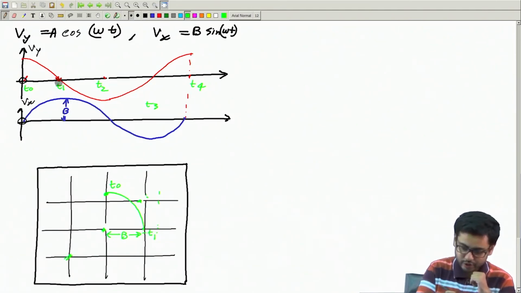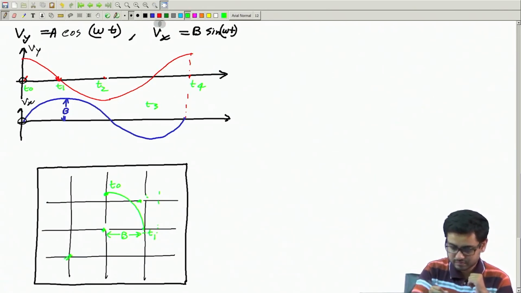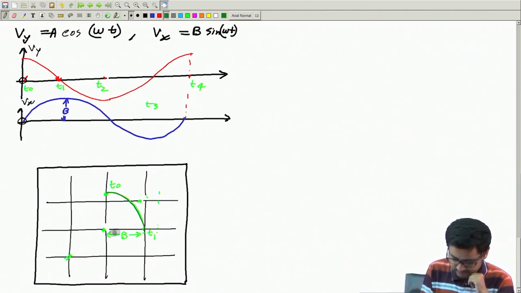So after t1, what will happen? Let me change the color. After t1, height goes negative, x decreases to 0.